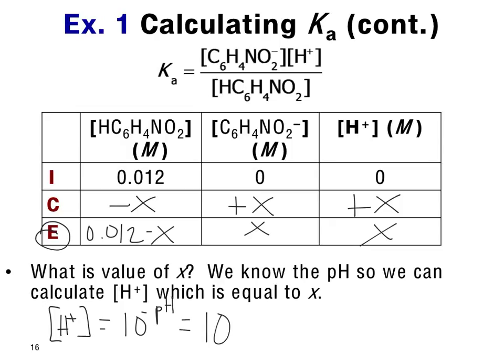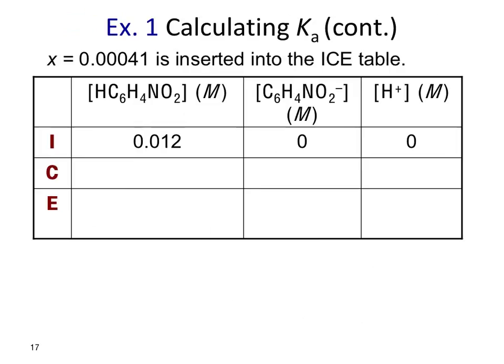So we do 10 to the negative 3.39, and we get 4.1 times 10 to the negative 4. So that's our X value. Okay, so let's write this into our table. So our X is 0.00041.